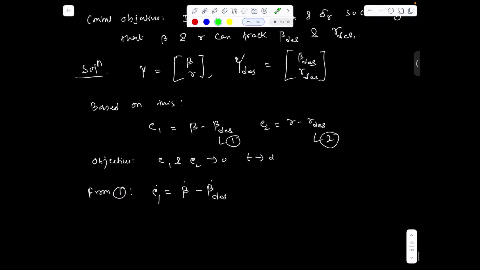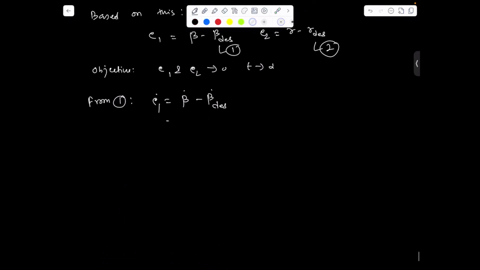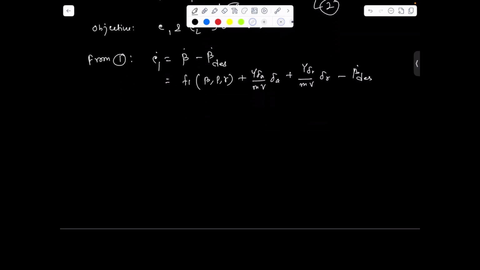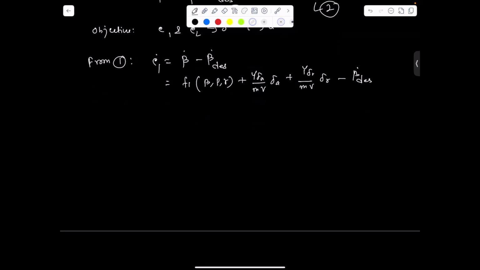So we can substitute the beta dot equation: F1 beta P R plus Y delta A by MV delta A plus Y delta R by MV delta R minus beta dot desired. Since our main aim is to get E1 to 0, we can choose some desired control for E1 dot so that this can be achieved.